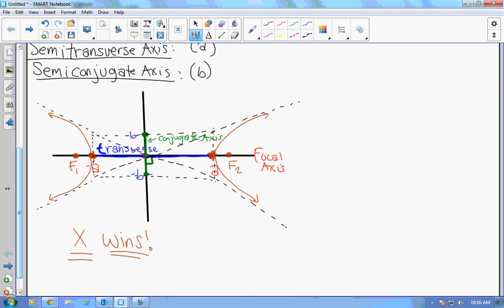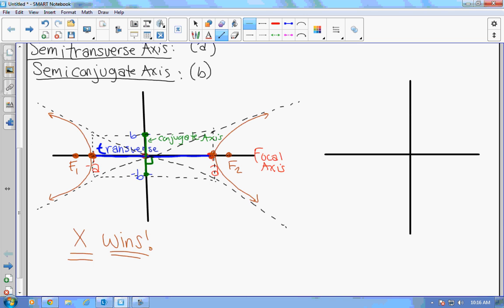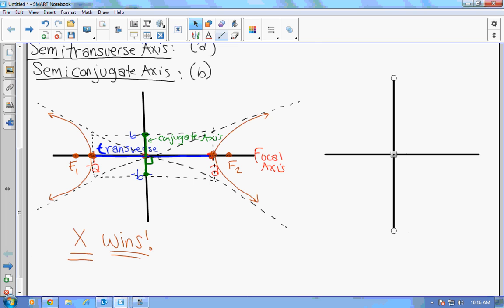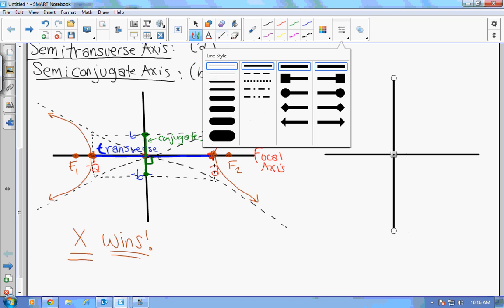Okay, now quickly we're going to draw it. Everything exactly the same, except, well, actually not completely the same because I'm rotating it. This time my focal axis is going to be the y-axis.